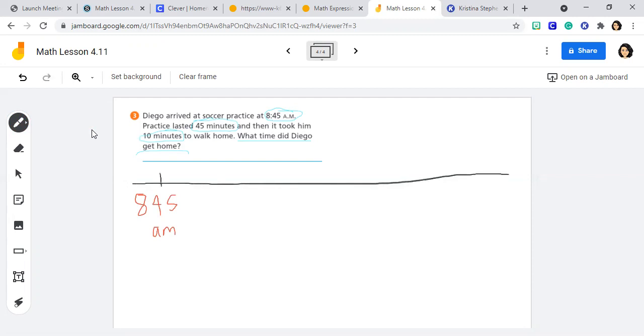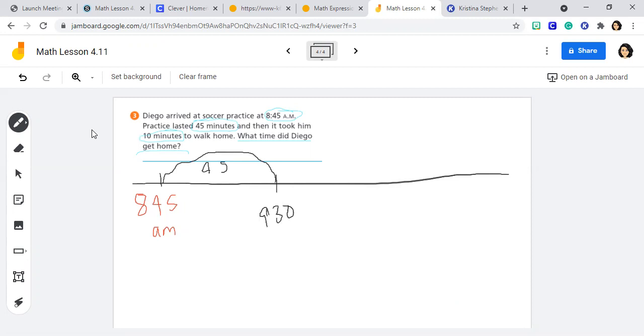So here's 8:45 a.m. So if practice lasts 45 minutes, how much does that move us forward? Well, from 8:45, a 45-minute jump is going to give us 9:30.